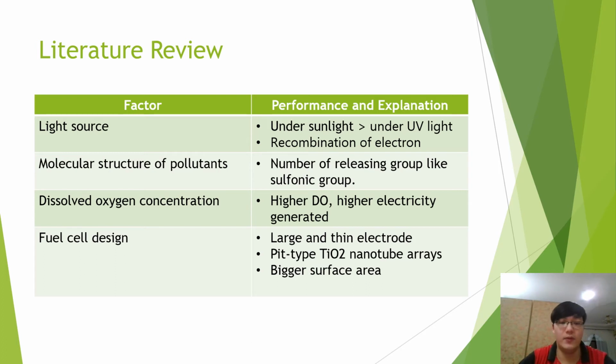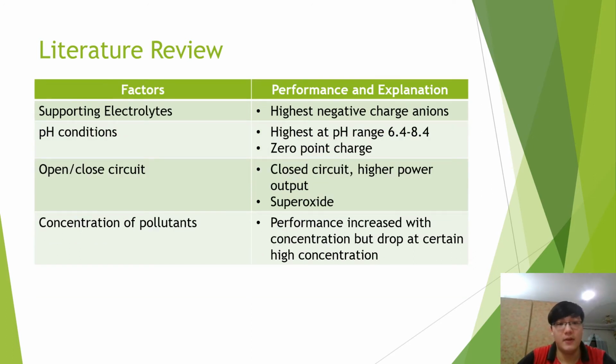Next is the fuel cell design. A large thin electrode and a P-type titanium dioxide nanotube array are designed to provide a bigger surface area for absorption. The next factor is supporting electrolytes. The supporting electrolyte with the highest negative charge at the ion will generate more power output. Another factor is pH conditions.